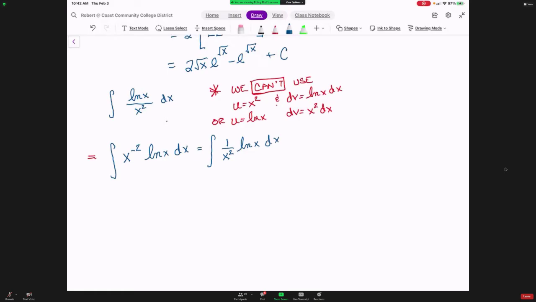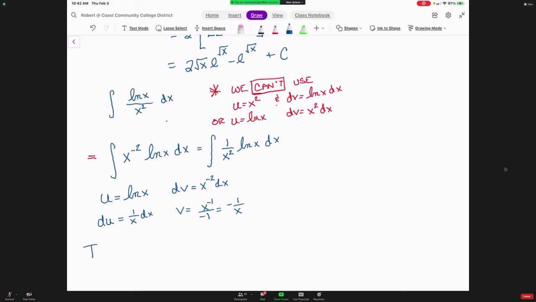Because I don't want to have to integrate the log of x if I don't have to, I'll use it as my u. And dv is going to be x to the negative 2 dx. So then du is going to be 1 over x dx, and v is going to be x to the negative 1 over negative 1, which is negative 1 over x.